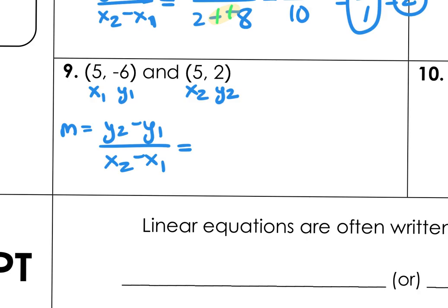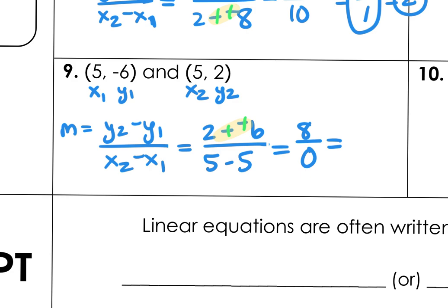If you get in the habit of labeling those ordered pairs, it makes it really easy because everything then is organized. 2 minus negative 6 all over 5 minus 5. We see the minus and negative again in our numerator. Minus and negative is going to switch up to plus. So it's 2 plus 6 is 8. 5 minus 5 is 0.